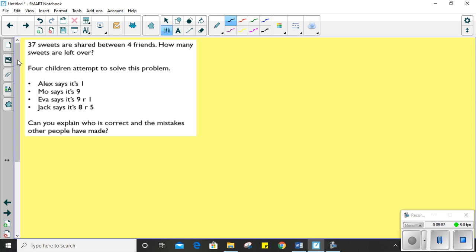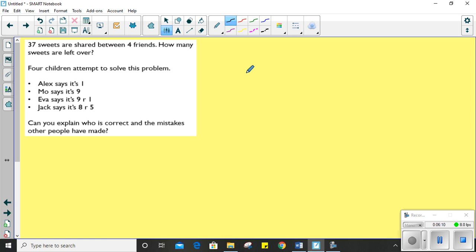Right, so first I need to find the closest multiple of 4 to 37. So let's count our 4s. 4, 8, 12, 16, 20, 24, 28, 32, 36.